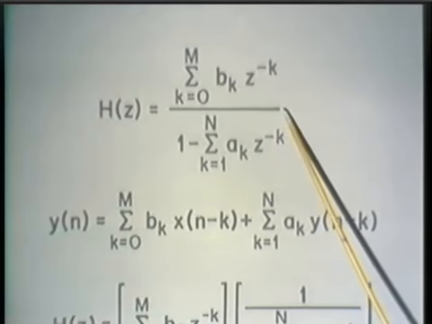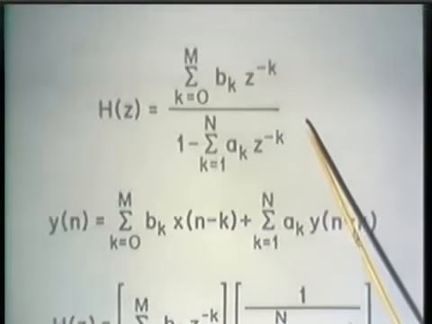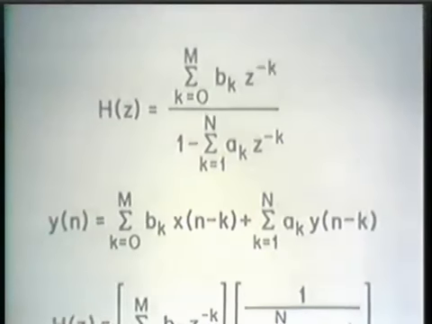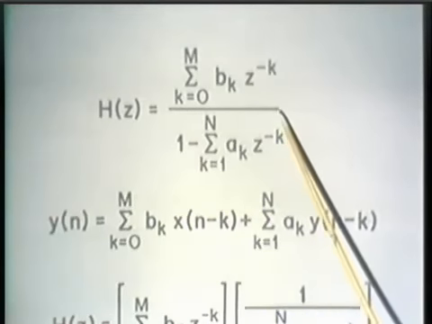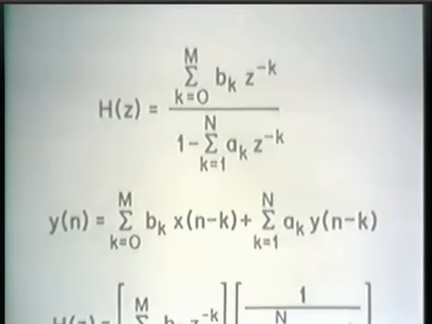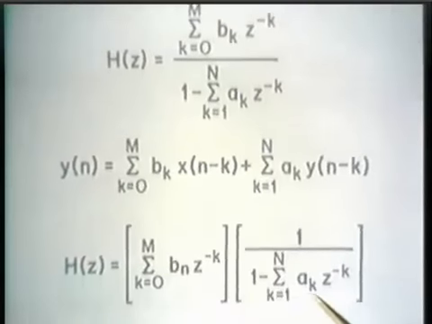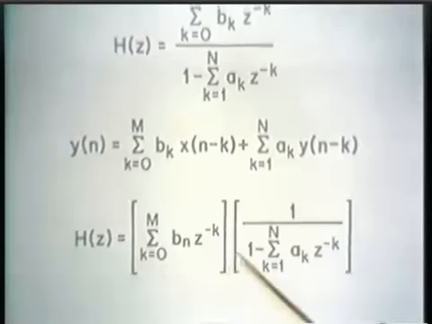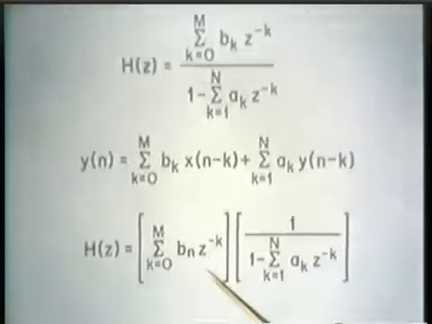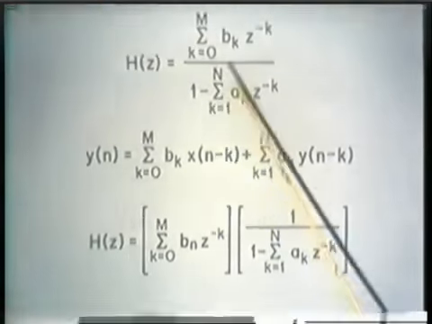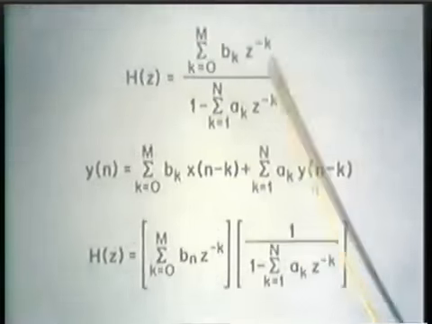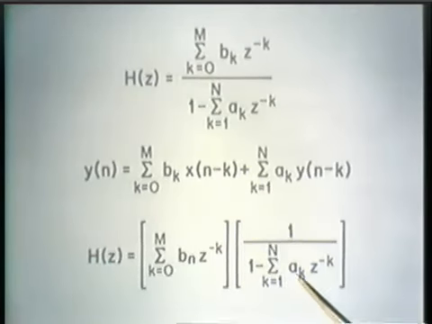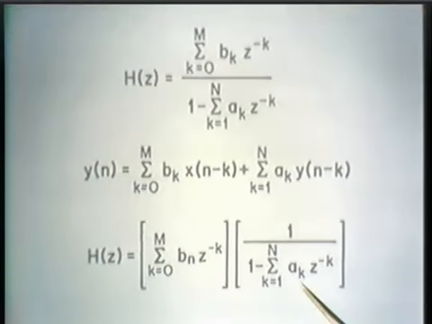There are a variety of ways in which we can rewrite a transfer function of this form. One possible way of writing it, as I've indicated at the bottom, is as the product of two functions, the first representing the polynomial for the zeros, and the second representing the polynomial for the poles.